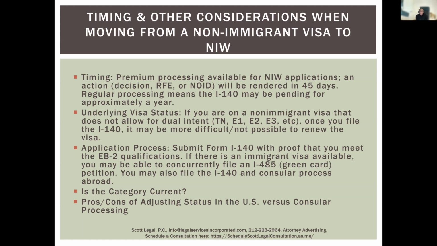The thing you also have to keep in mind is that even though you can get the I-140 approved in 45 days, the green card category may not actually be current. So that's something you have to consider. The government can only issue a certain number of green cards in each category each year.